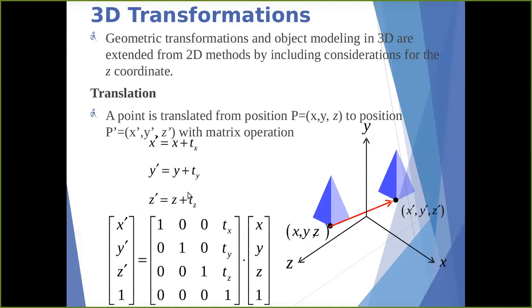Similarly y and z. So if you write these three equations in the form of a matrix, you can write x dash y dash z dash. See, this is in column. If you are writing in row x dash y dash z dash, then this combination will be changed. This representation of the translation matrix will change.